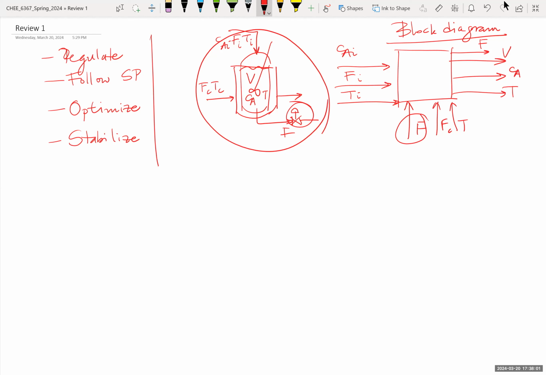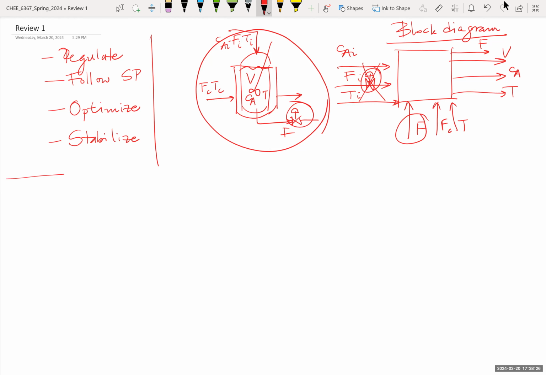It's important to keep this distinction. After a couple of times it becomes second nature, but it's important to keep things separate, not put a valve here because it makes no sense. This is a signal, so there's no valve or anything. You cannot mix a signal with an actual physical equipment. It's not a very good representation of what you have.